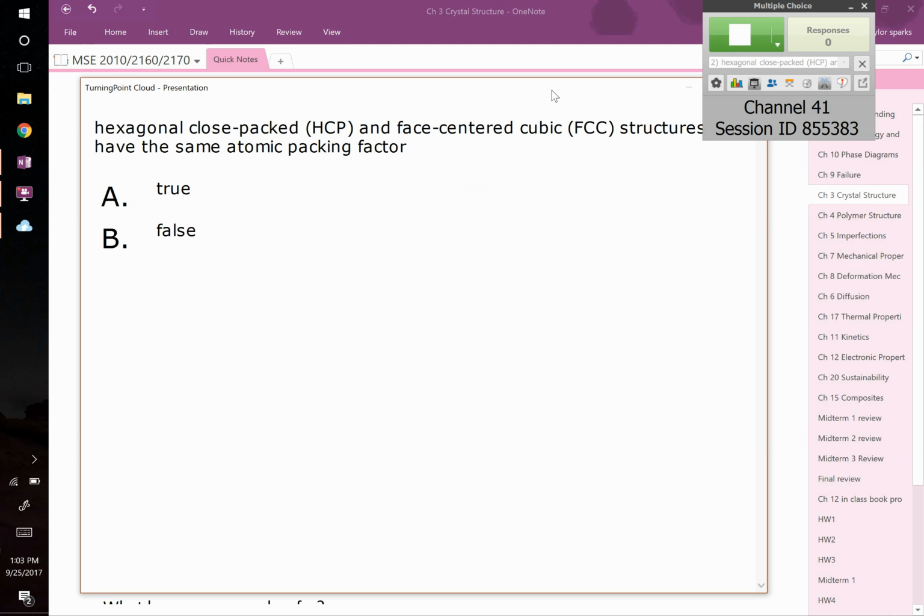The hexagonal close packed, or HCP structure, and the face-centered cubic, FCC structures, have the same atomic packing factor, true or false?